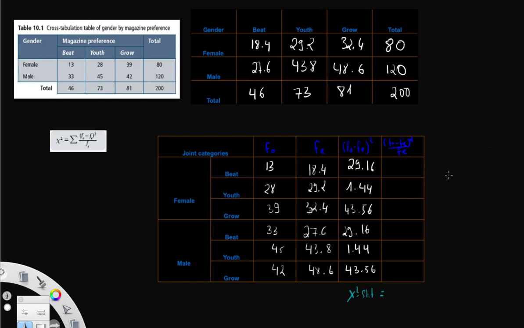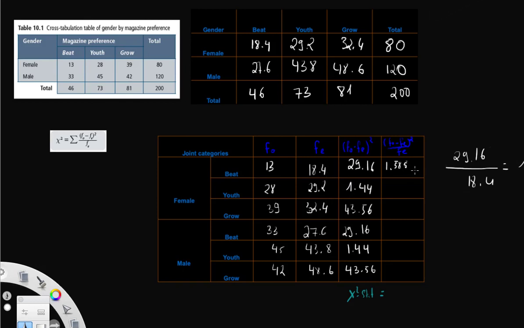For the next step, because I already have the top part, I will just do this. 29.16, I divide it by 18.4, and this should give me 1. This time now I'm going to take more decimals, so do not freak out if you see that some of your decimals are not the same as mine. It depends on how many decimals you considered here.